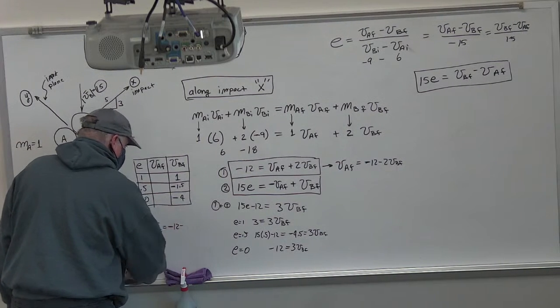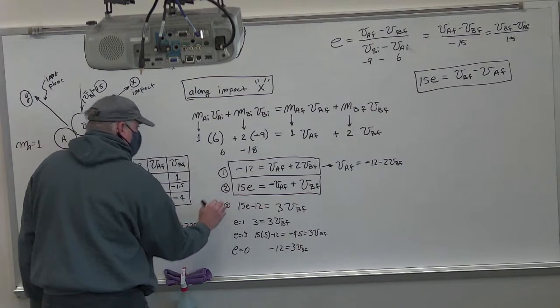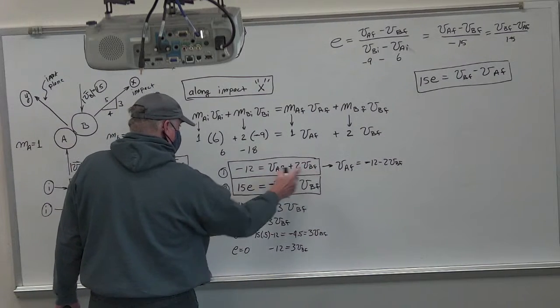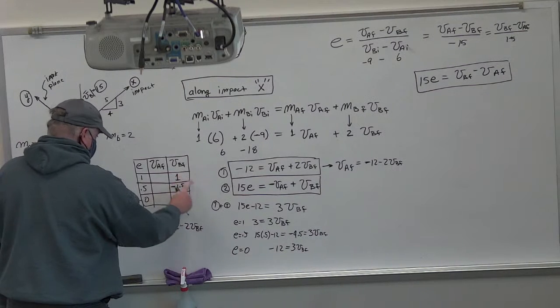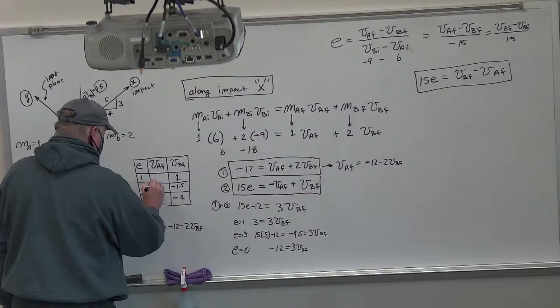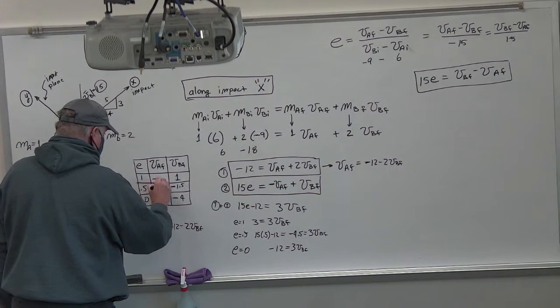I'm simply copying this, but I'm moving this to the other side because I need to find this column. So I'll multiply 1 times 2, it gives me minus 2, and that's 14.